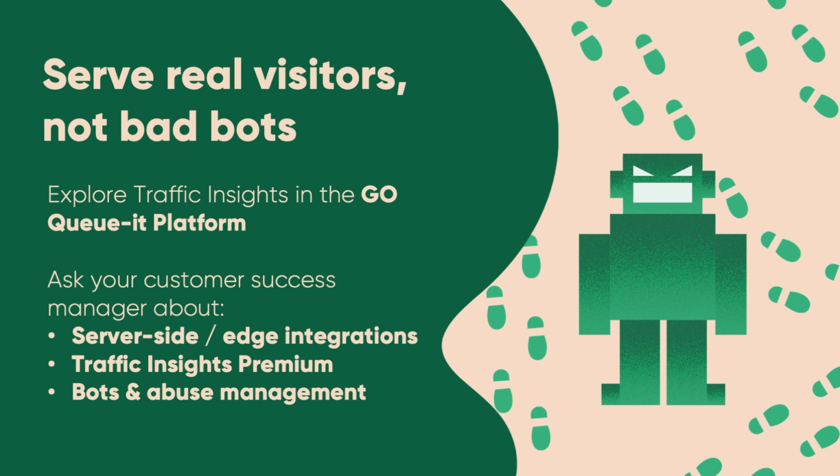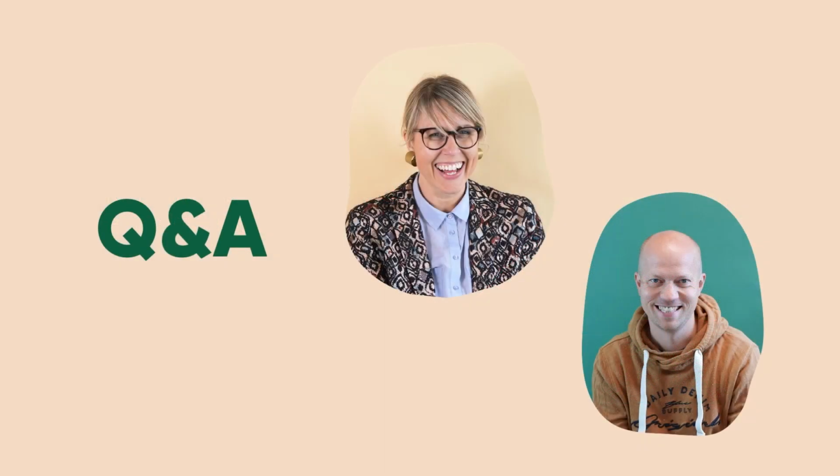That's sort of a basic building block if you're concerned about bots and abuse, to use a server-side or edge integration versus a client-side one. And then the Traffic Insights Premium, which gives additional access, and the bots and abuse management feature as well, which gives access to a lot of the tools that we've discussed today. So, with that said, I think we will jump right into the Q&A.